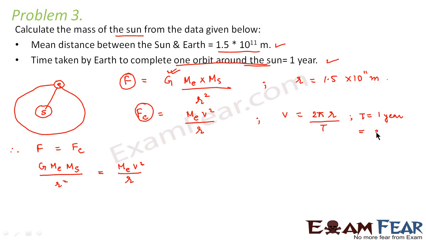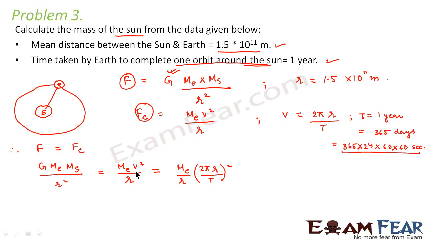Now 1 year means 365 days. 365 days would mean 365 into 24 hours. This would mean 365 into 24 into 60 minutes into 60 seconds. So 1 year would mean these many seconds. Now we will use these values in this equation. Therefore, we can write this as me into 2 pi r by t whole square divided by r.